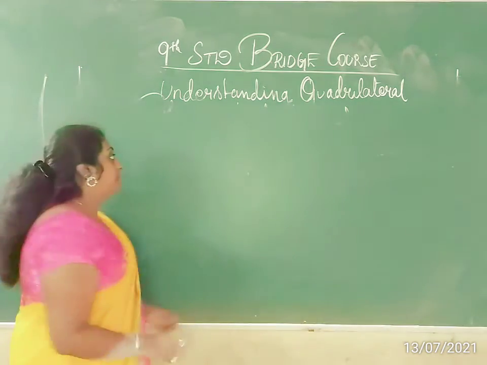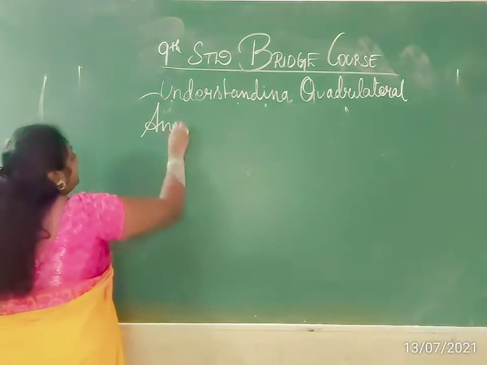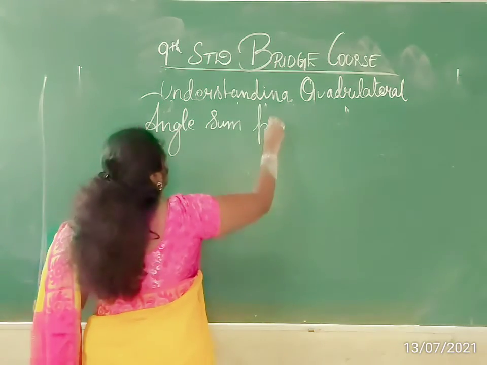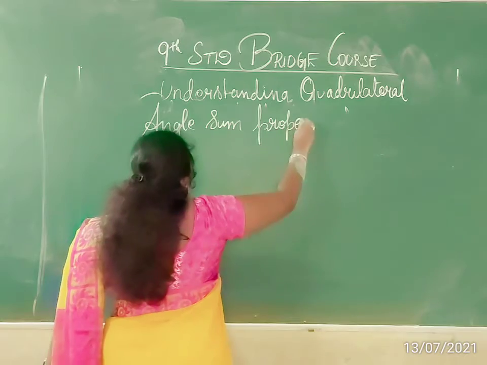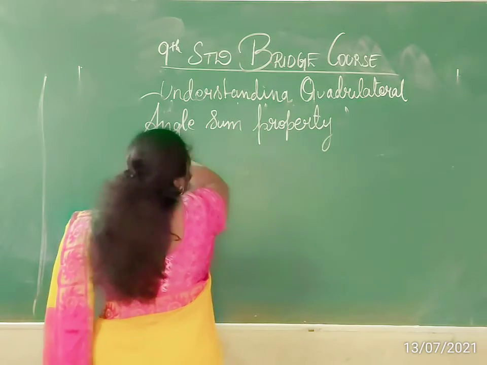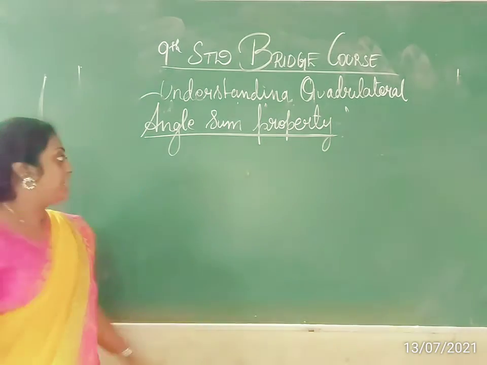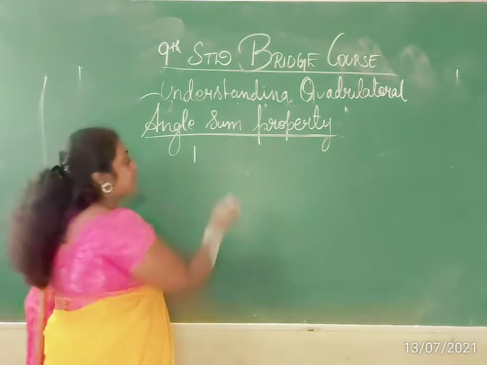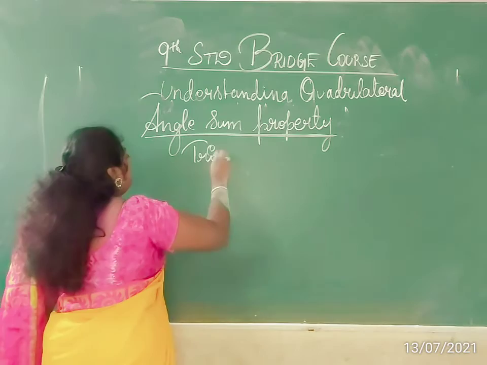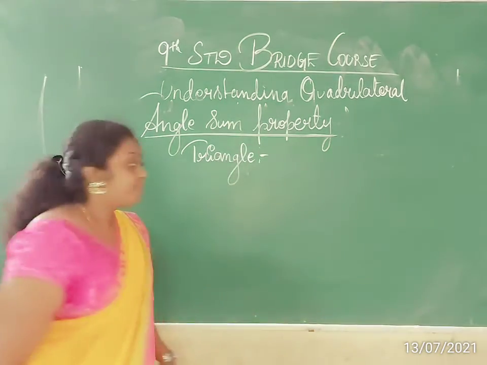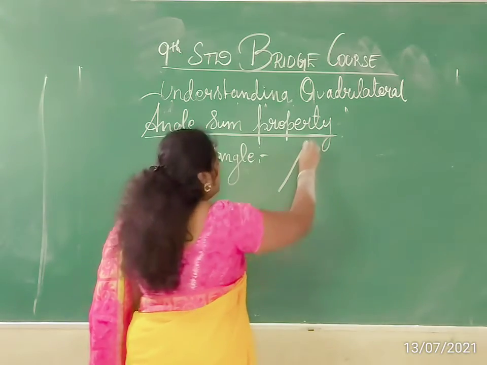Now, the first one, angle sum property. What is this angle sum property? Let me tell you. First, I'll take a triangle and then I'll explain. Now, first is triangle. I draw a triangle here.